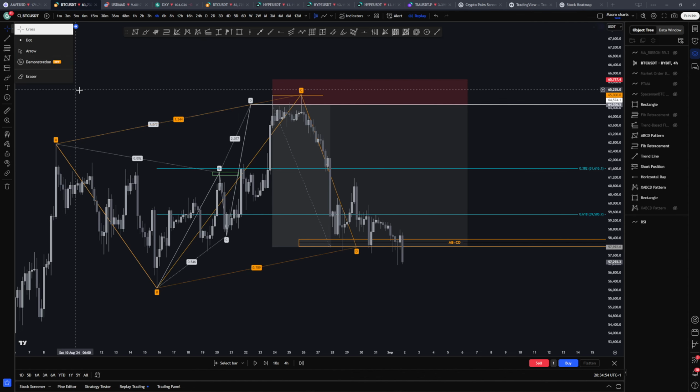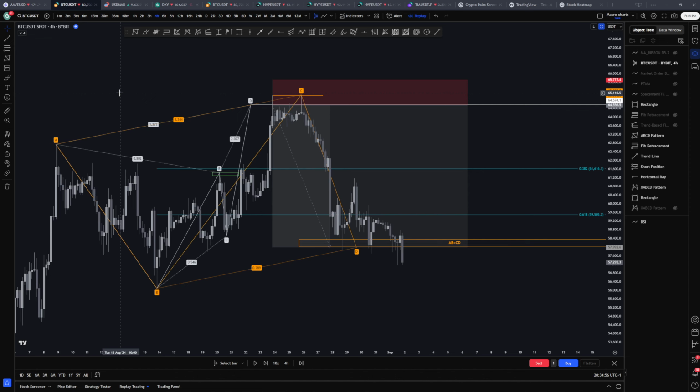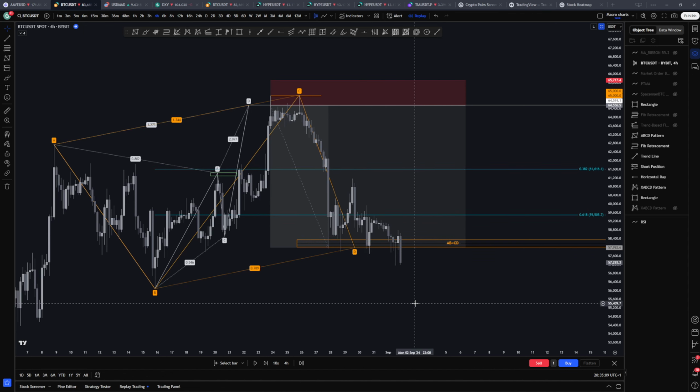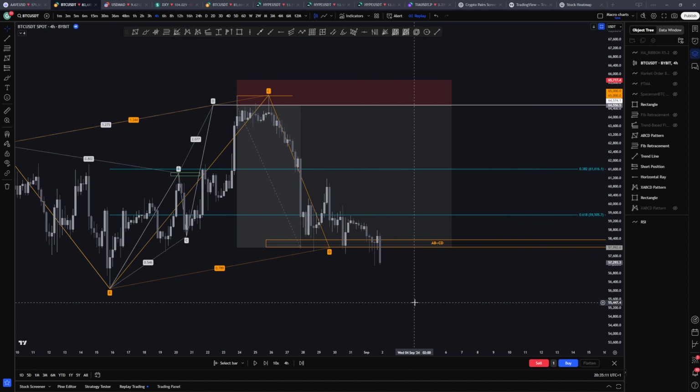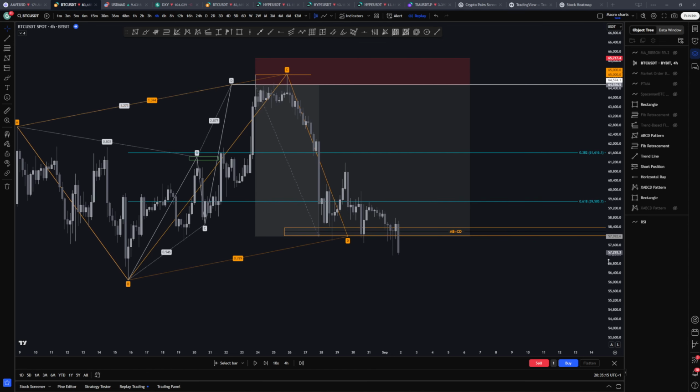This is not a class that is going to instantly make you good at harmonics, but this will absolutely set you up that if you want to trade harmonics, this will tell you everything you need to know to get started on it. There is more to harmonics, but these are the basics, and it's an absolutely great point to start. So that is essentially what I wanted to go over today.